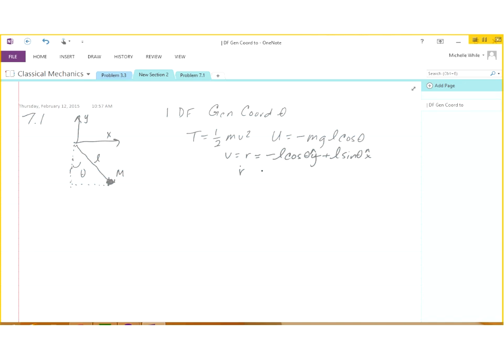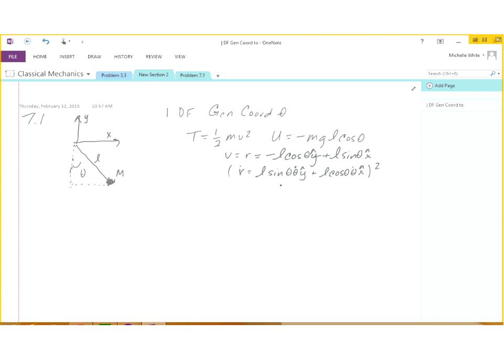And then, of course, we're going to take its derivative with respect to time, and we have L sine theta, theta dot in the y hat direction plus L cosine theta, theta dot in the x hat direction.